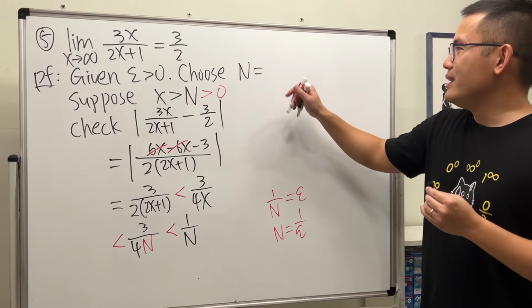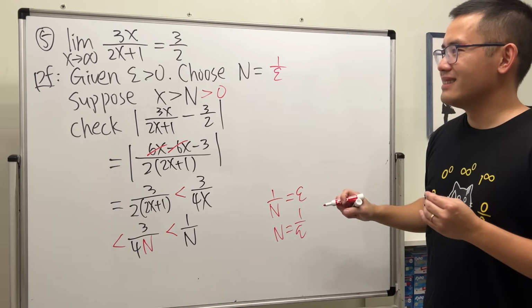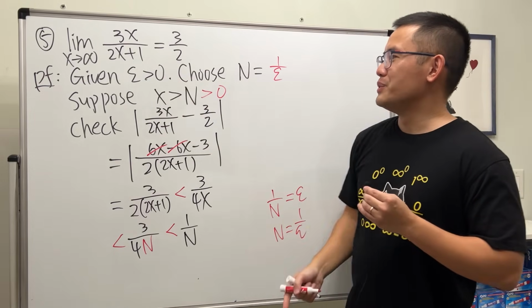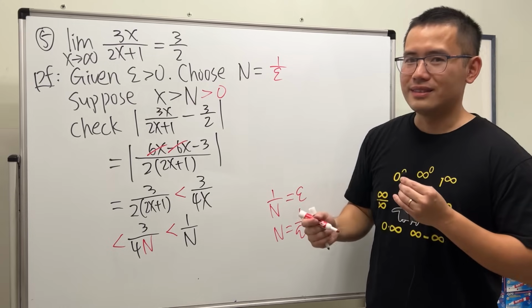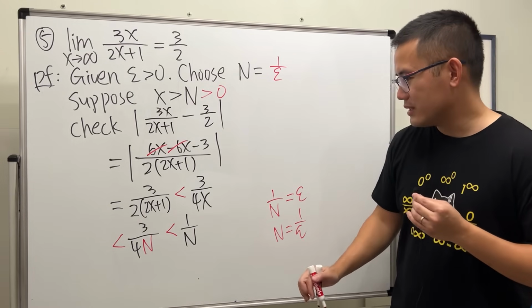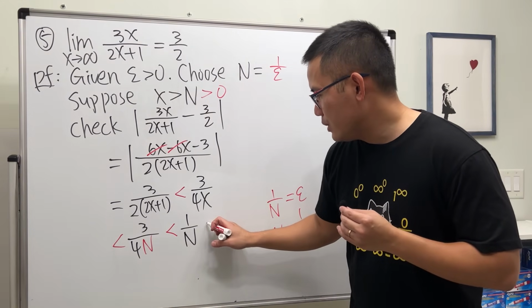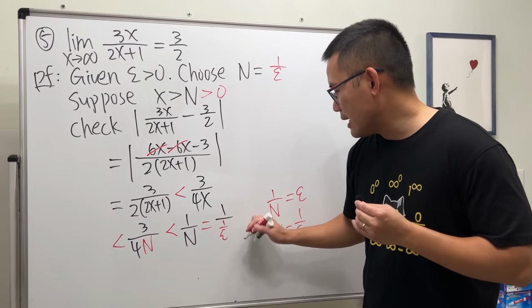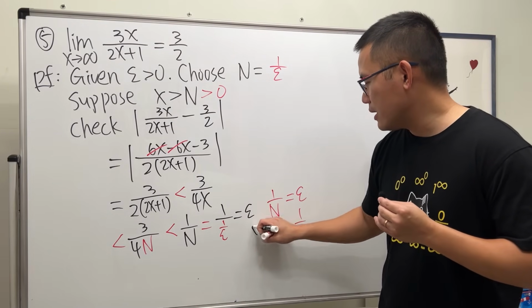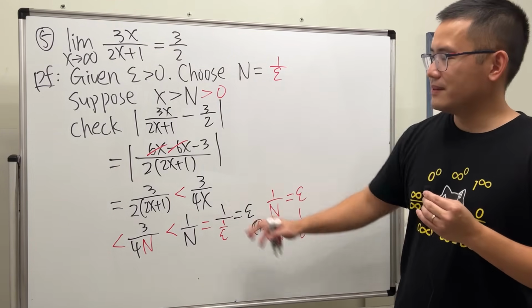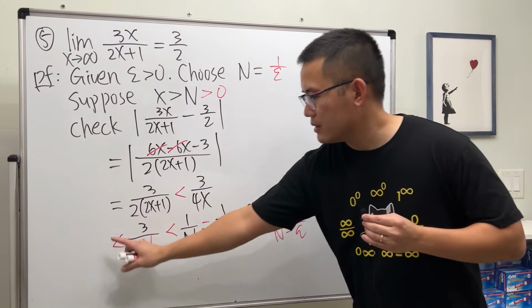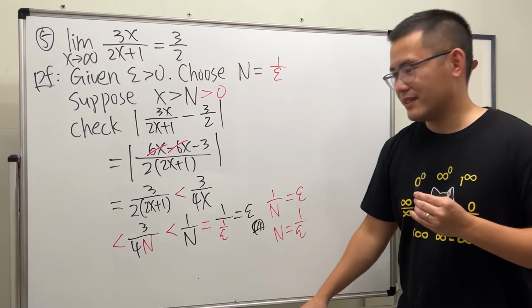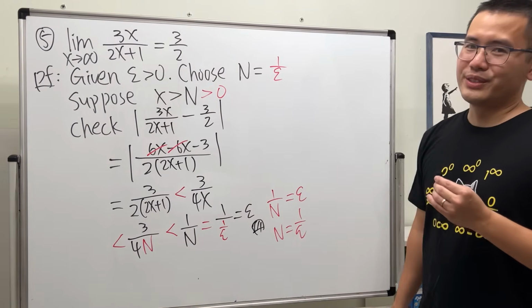We put n to be 1 over epsilon. Epsilon is greater than 0, so n is greater than 0, so this is true. And then right here we can just say this is equal to 1 over 1 over epsilon, which is just epsilon. And then with that, we are done. This is less than epsilon, right? So just like that.